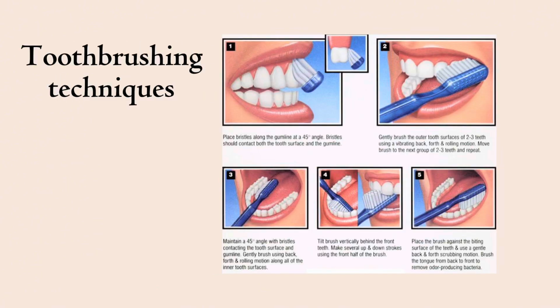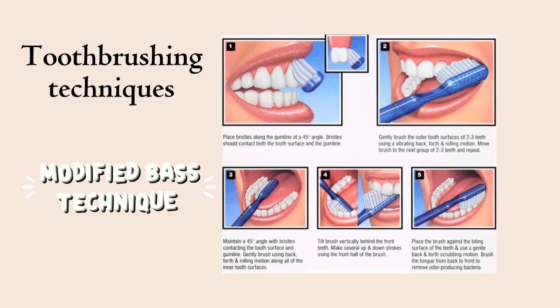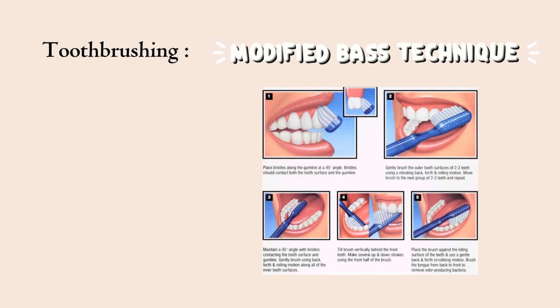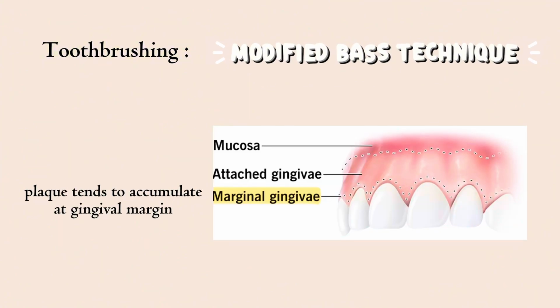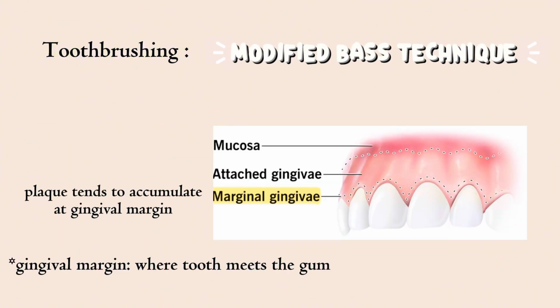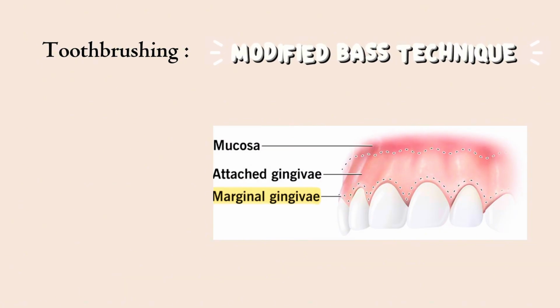Now I will demonstrate the correct toothbrushing technique recommended for patients with gum disease, known as the modified Bass technique. This technique is especially important for patients with periodontal disease because plaque tends to accumulate at the gingival margin, which is the area where the tooth meets the gum, also the most common area for plaque accumulation.